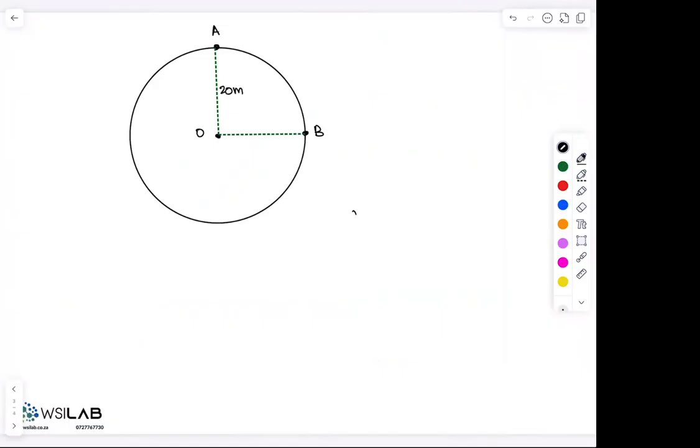So that's like a circular track. And we are going to run on the track from A to B. So first thing, I want to know, number one, what is the distance? And number two, what is our displacement?